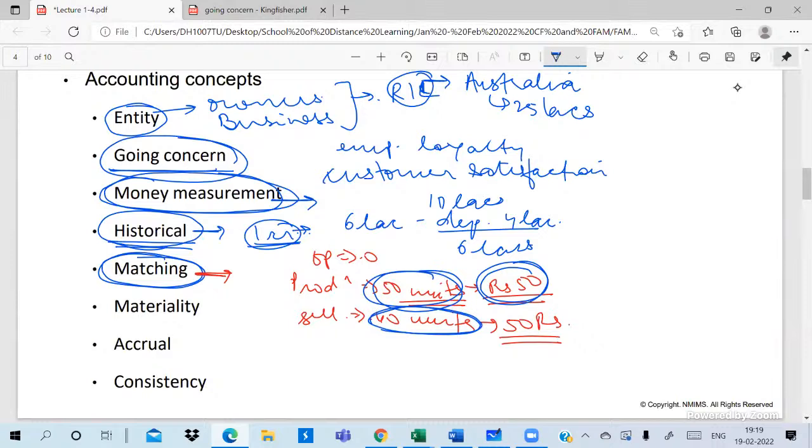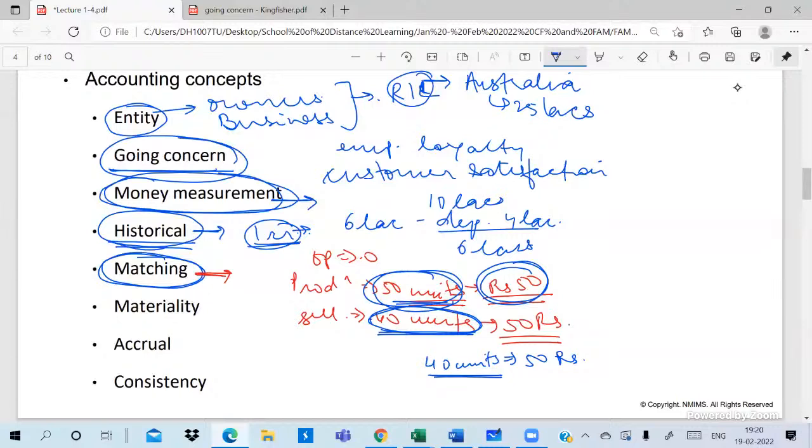So what is matching concept? Matching concept says that for a corresponding revenue, you should have a corresponding expense. So over here, I'm saying that 40 units was sold for 50 rupees. Similarly, I'll say, okay, these 40 units, can you tell me what will be the cost for the same 40 units which I've sold?